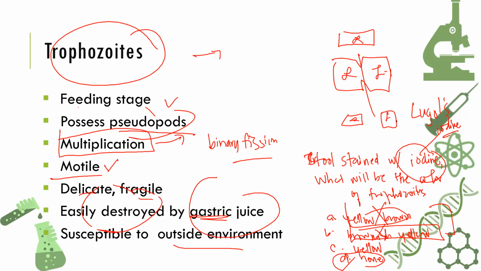Trophozoites can be seen in a direct fecal smear if we use NSS or saline solution, because saline will not destroy them; it will not cause shrinkage nor swelling of the cells. On the other hand, iodine, particularly Lugol's iodine, destroys our trophozoite. So the answer there is none.